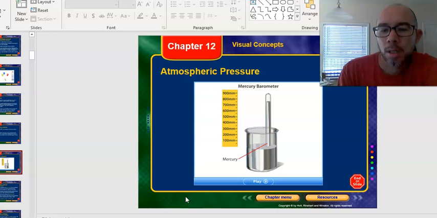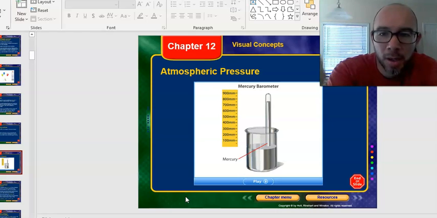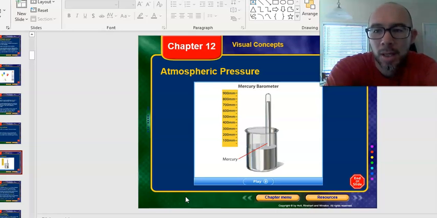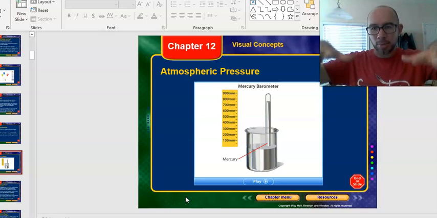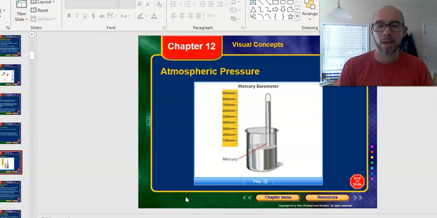Maybe not. The first barometers, which measure pressure, were made with mercury. You've got a compressed bit of air at the top of the tube, and the air can't get out because the mercury is in the way. Air pressure pushes down on the surface of the mercury, forcing some mercury up the tube and compressing that bit of air at the top.